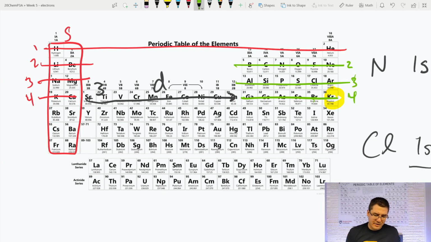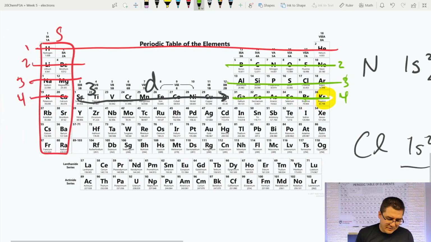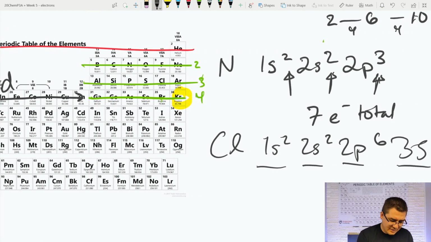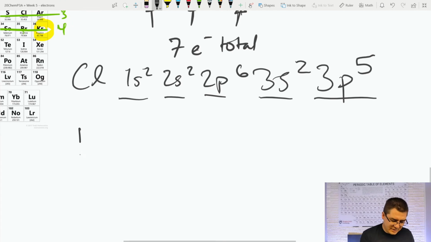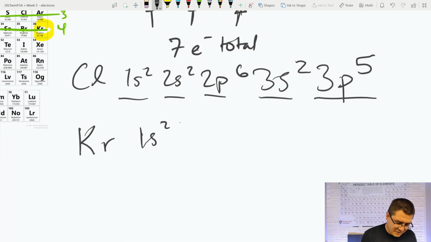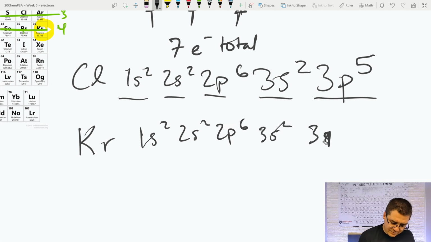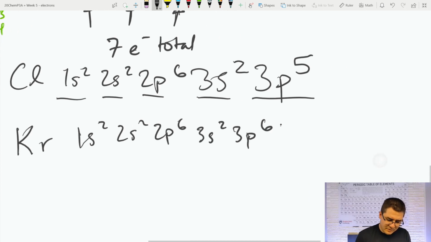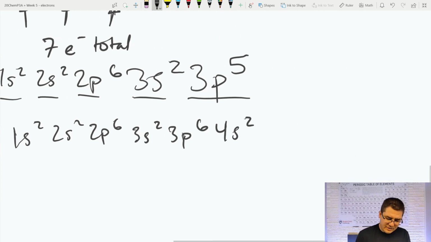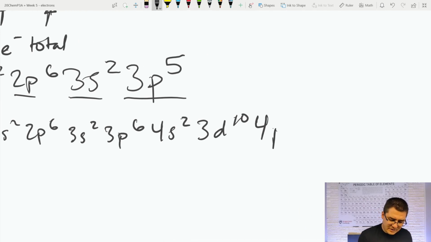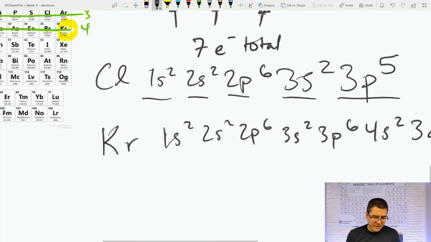Okay, now we fill them in order, left to right, top to bottom. So I start with the 1s, and then I'm going to show you some shortcuts. 1s2, 2s2, 2p6, 3s2, 3p6 because we filled it up, 4s2, then we went into the 3d, we filled all the way across the 3d, and then we got to the 4p, and we filled all the way up, right?